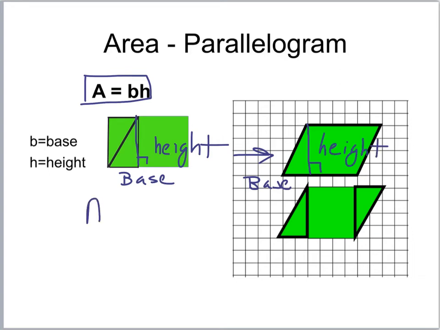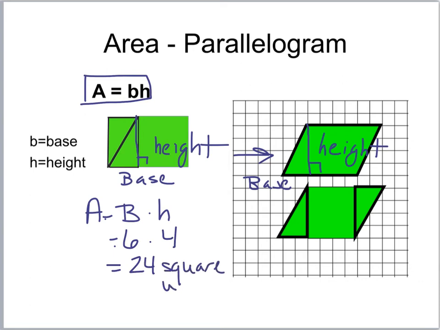Now, when I figure out the area, my base times my height, my base is going to be 1, 2, 3, 4, 5, 6 units, and the height is going to be 1, 2, 3, 4 units. So my base is 6 and my height is 4. 6 times 4 is 24 square units. And that is the area of my parallelogram.